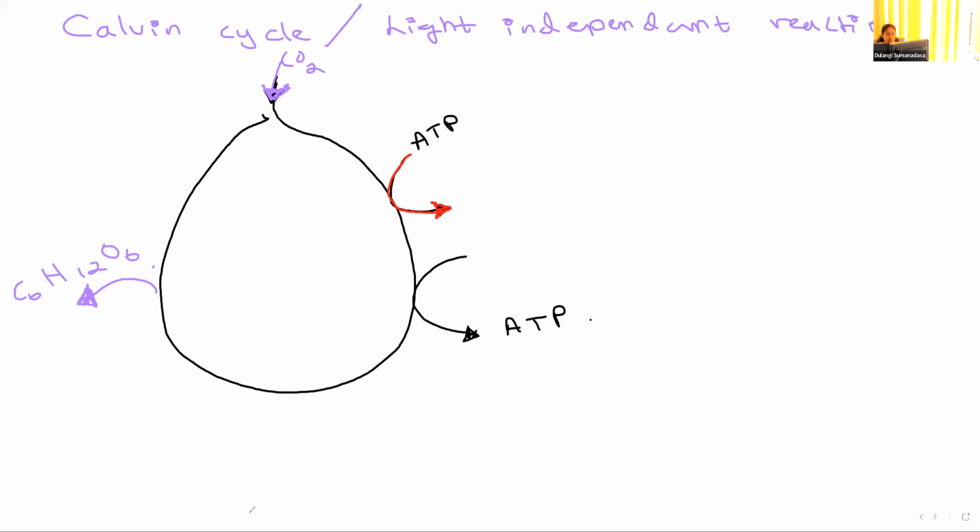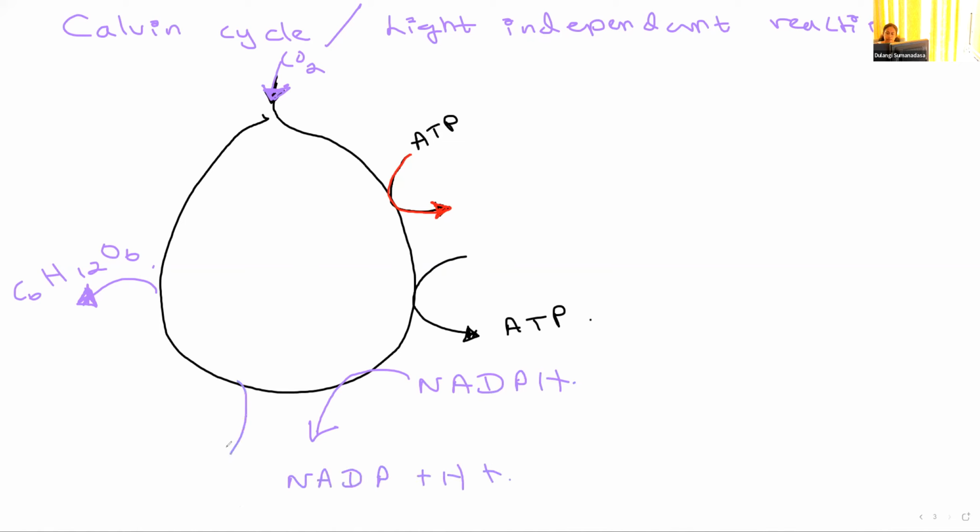This is not the Calvin cycle. I haven't included the NADPH. So if the NADPH is going in, you write it like this, and the products are NADP plus and H plus.